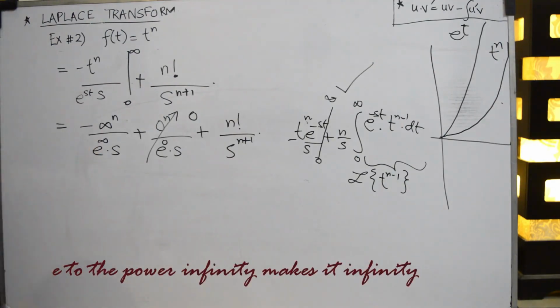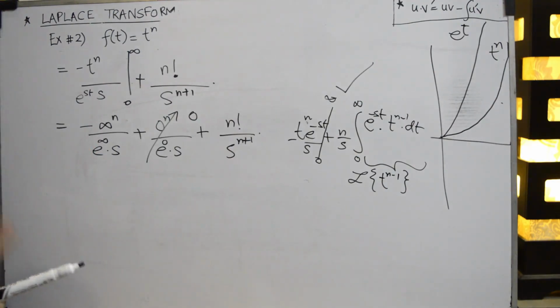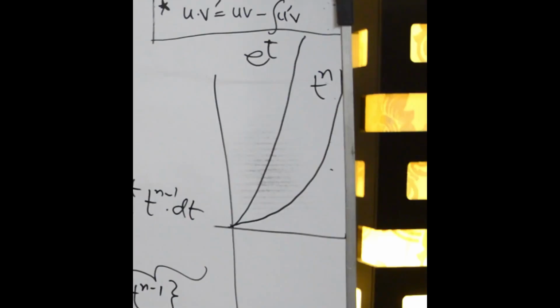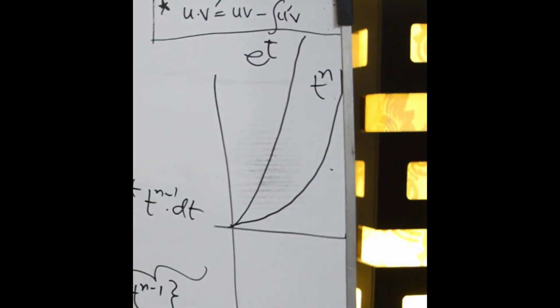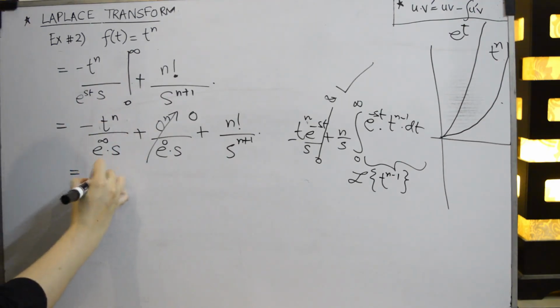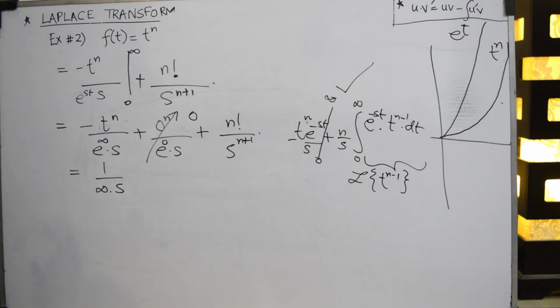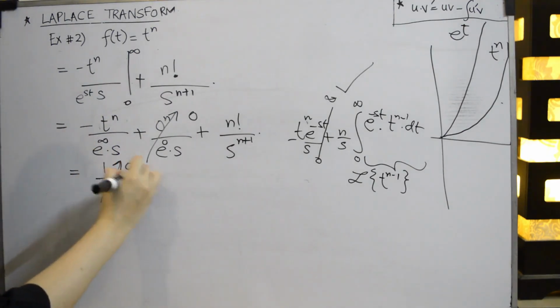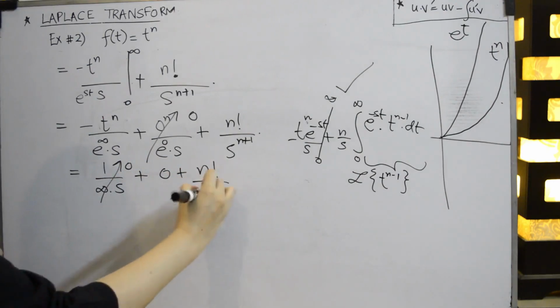By comparing these two terms we can see the dominant term. We can check the dominance of a rapidly increasing term, and from the graph you can see that the exponential function grows more rapidly than the function t to the power n. So the dominant function here will be e to the power infinity, and that becomes 1 by infinity into s. That makes it 0, plus 0, plus n factorial by s to the power n.